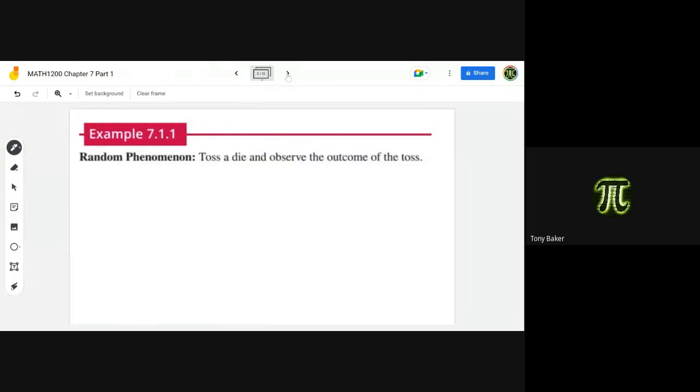So in this case, what is the variable? It's actually the outcome of the roll. Because if it was the number of rolls, that would go on forever. So if I roll the die and it comes up with a 3, that's the variable. So my variable is the outcome of the roll.